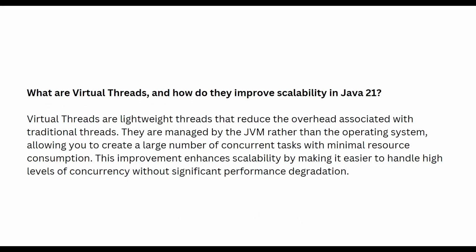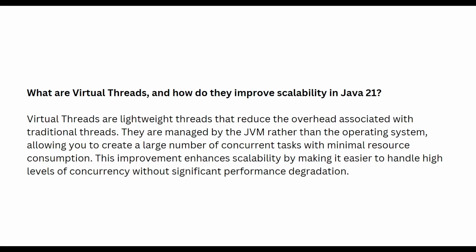Now, what are virtual threads? How do they improve scalability in Java 21? Talking about scalability, because these are lightweight threads, it reduces overhead, first thing, right? So it is lighter than your traditional threads.